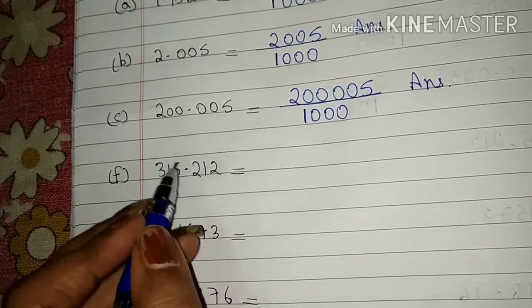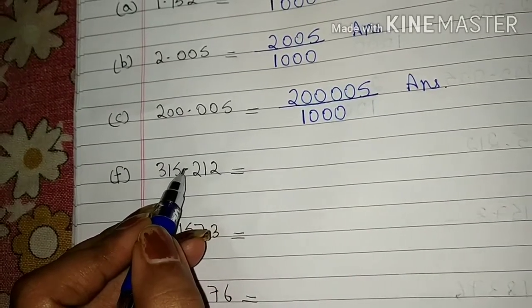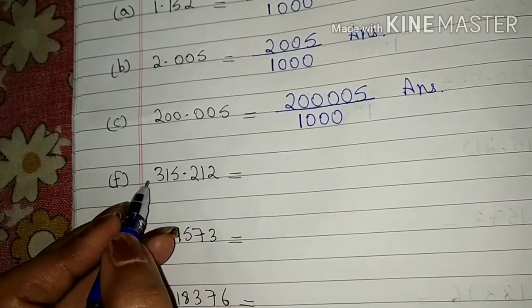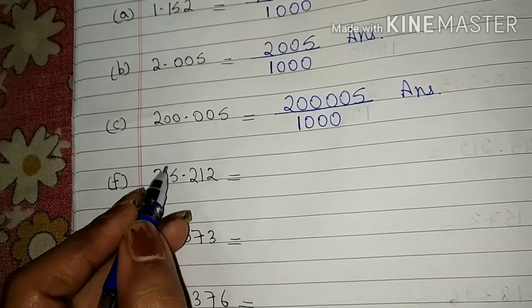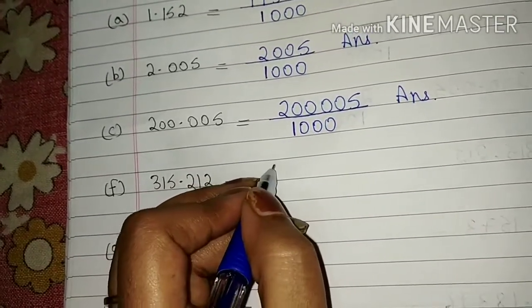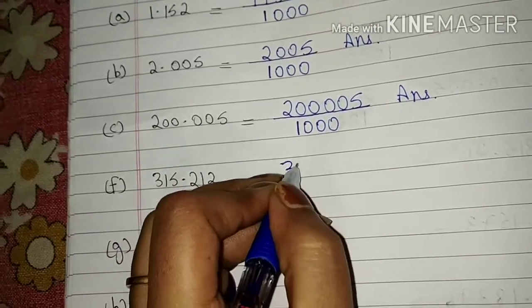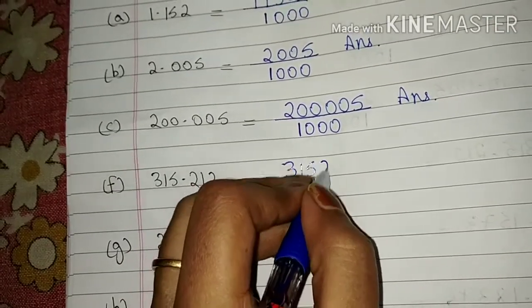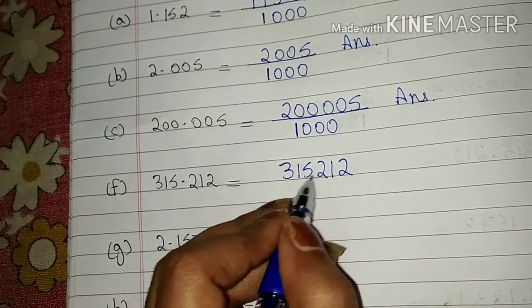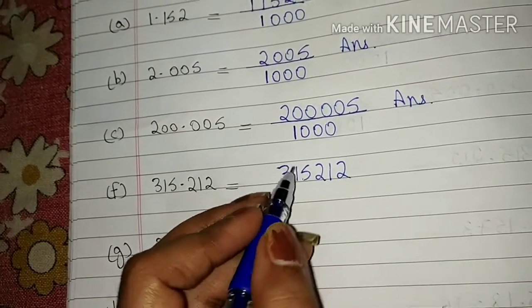Now students, first of all, we will remove the decimal point. After that, we will write the number 315212 as numerator here. Students, you can see here we have removed the decimal point.